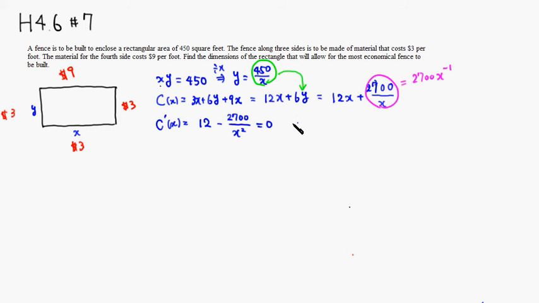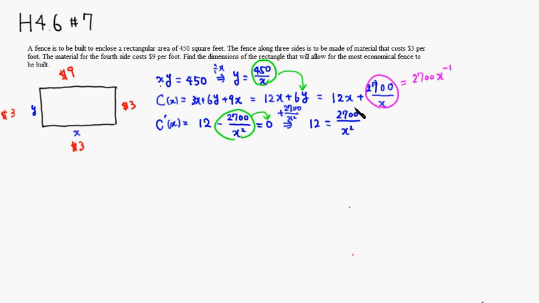First, I'm going to move this term over to the other side by adding 2700 over x squared. So you get 12 is equal to 2700 over x squared.